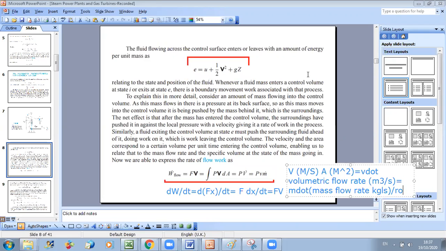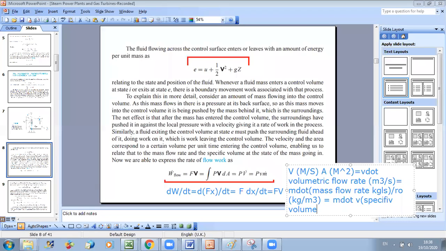But now we defined together the property of specific volume. What was the specific volume? 1 over rho. So we can replace 1 over rho by the specific volume, and then we can replace V dot by m dot times V, where V is the specific volume.